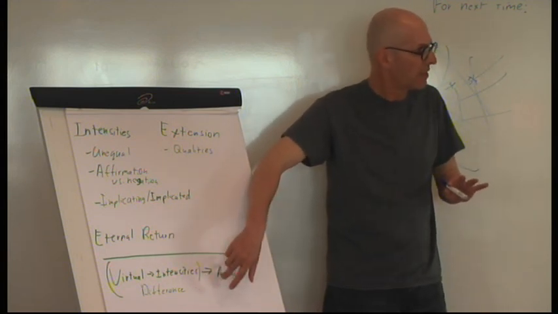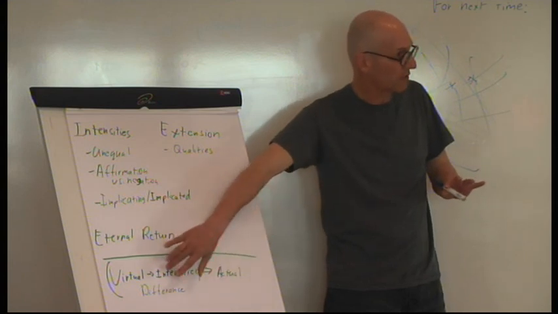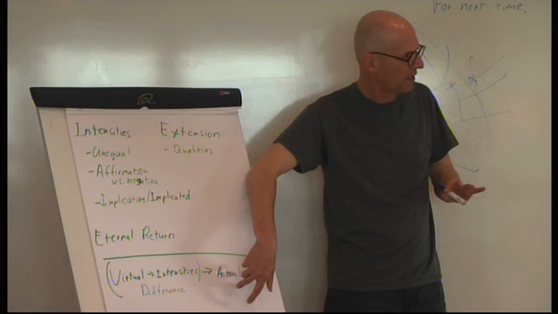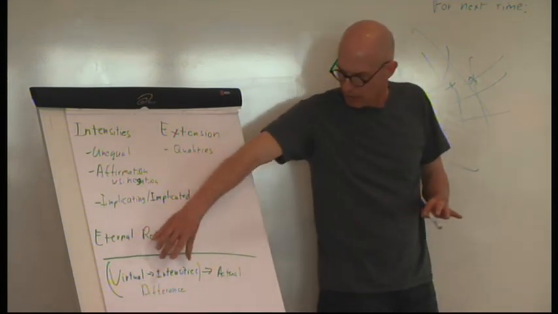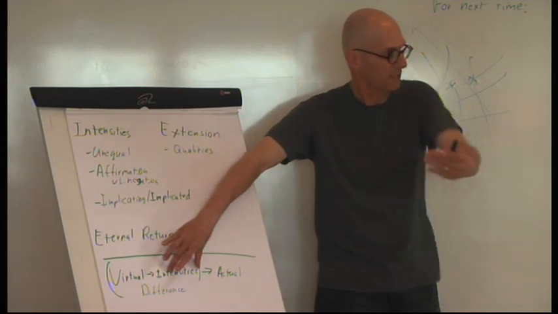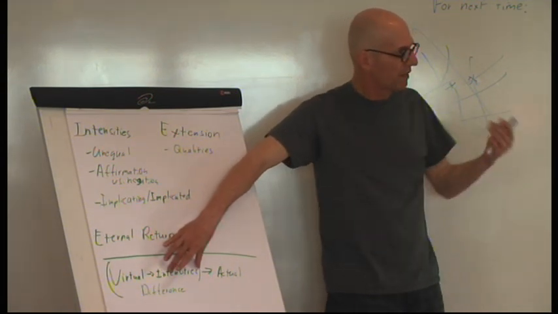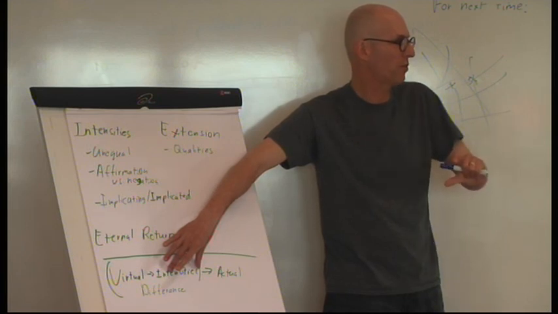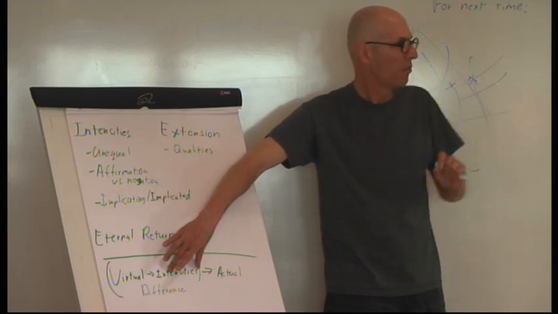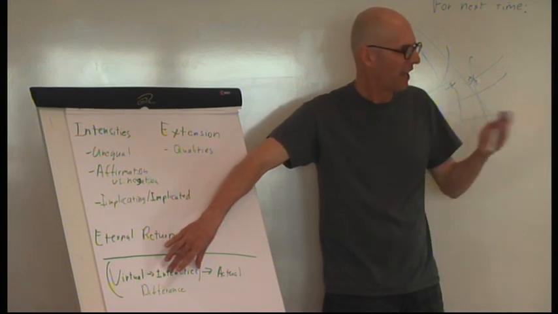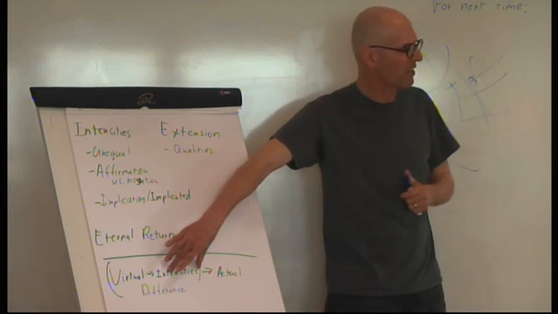And if that happens, then you have a change in the virtual that doesn't affect the actual. See what I mean? If the actualization comes from intensities breaking out, then you can imagine something where the intensity gets raised or lowered at a certain point, or shifted at a certain point, without it actually affecting something that happened in the actual. And I'm trying to imagine if I can think of an example of something like this.